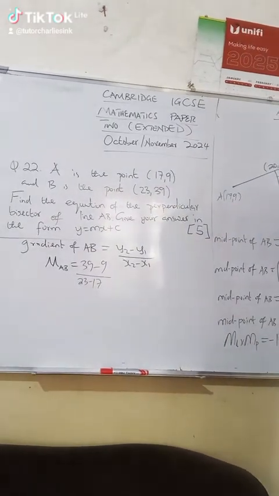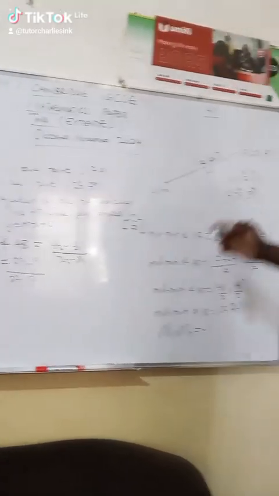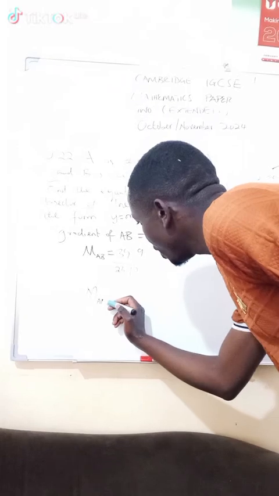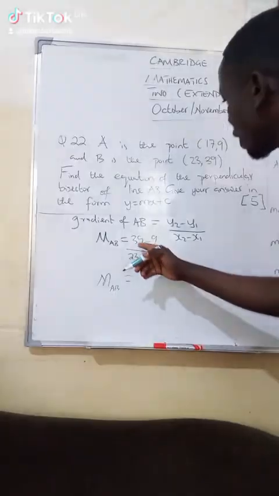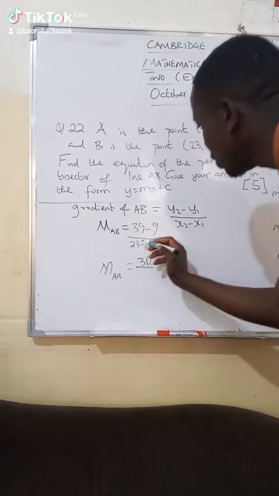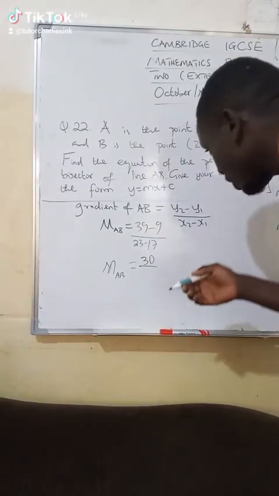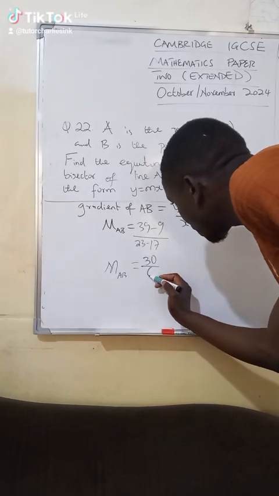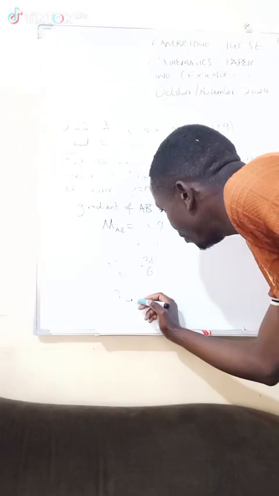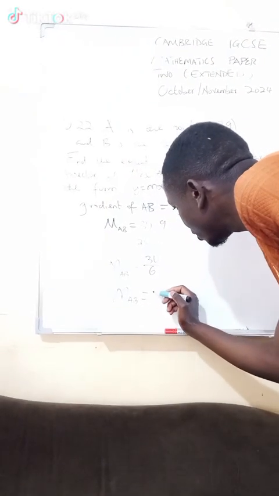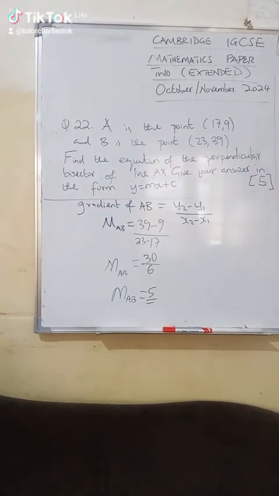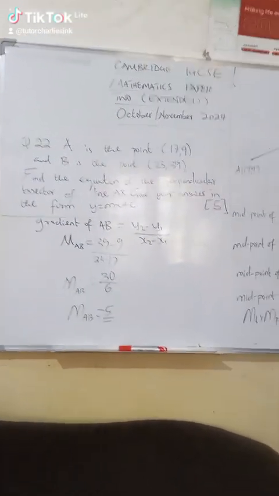I name the coordinates x1, y1, x2, y2. So the gradient of line AB is 39 minus 9, I get 30, over 23 minus 17, I get 6. 6 into 30, so m of AB, the gradient of AB, is equal to 5.